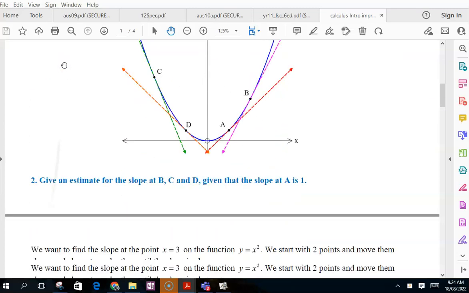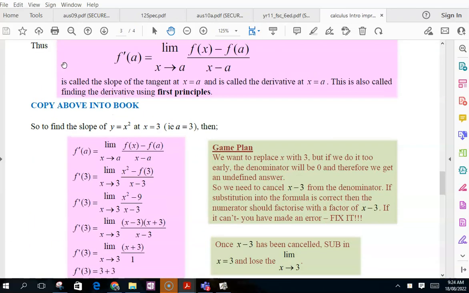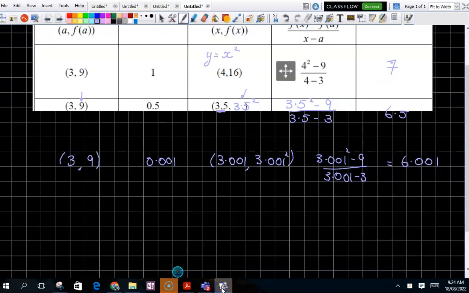So when we're taking 2 points on the curve, the best way to explain it is if you've got a circle, a chord goes from one side to the other.